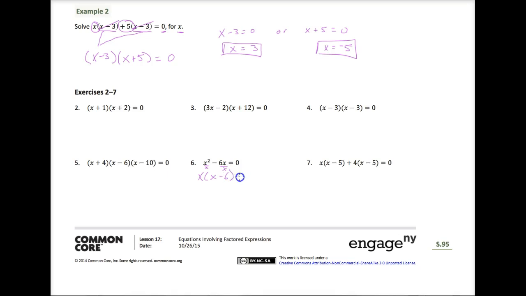So if we were to distribute, we would get x squared, x times x, and then minus 6x. And here, our common factor to pull out is x minus 5. That's what we're going to put in the parentheses to lead. And what do you think we're going to put in the parentheses to end? I'll tell you that you're right if you guessed x plus 4.